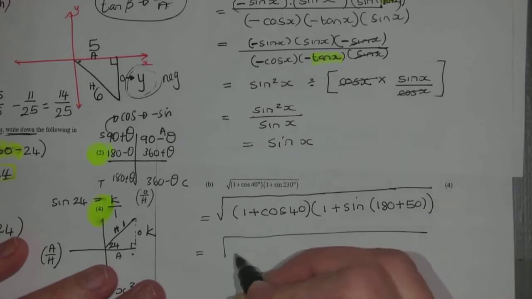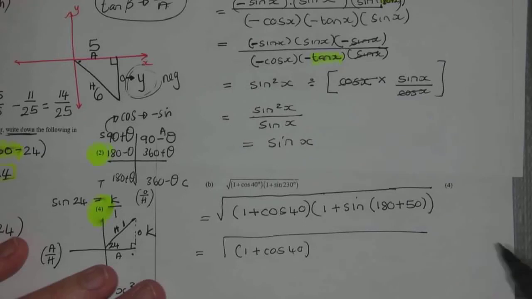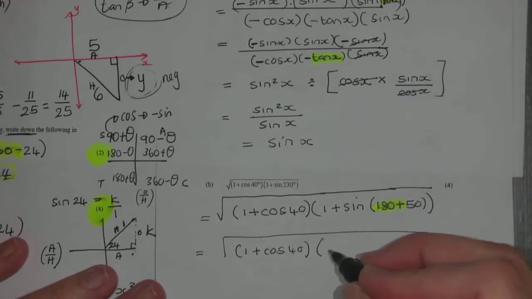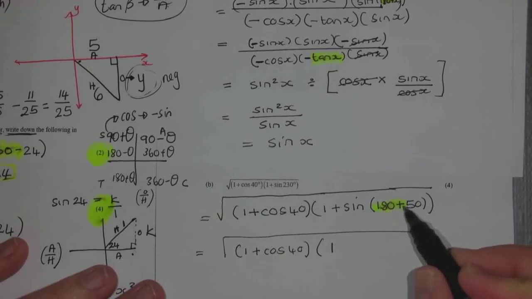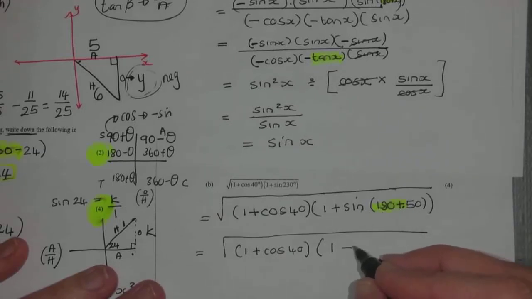Okay, so I have 1 plus cos of 40. That means I have 1. And in 180 plus, I know sine is negative sine of 50.